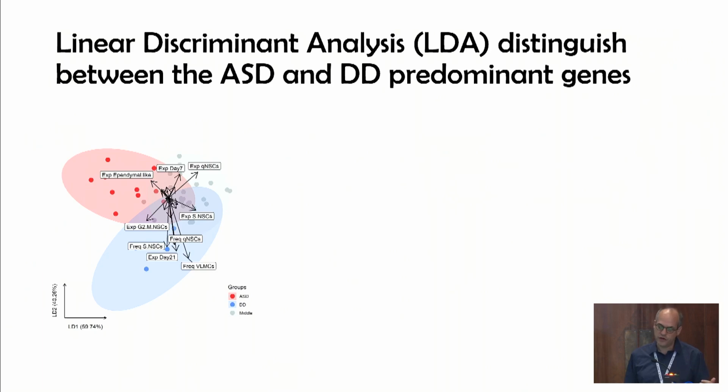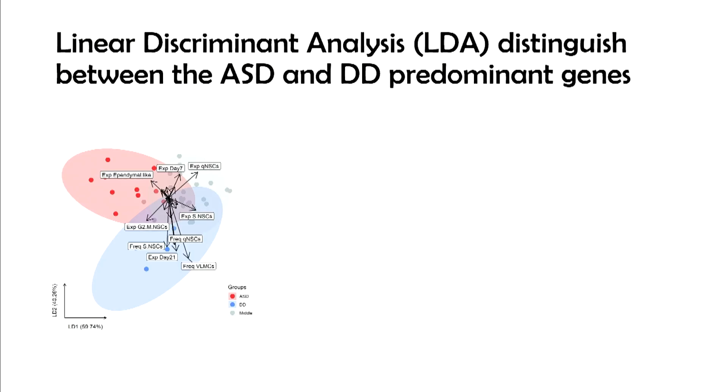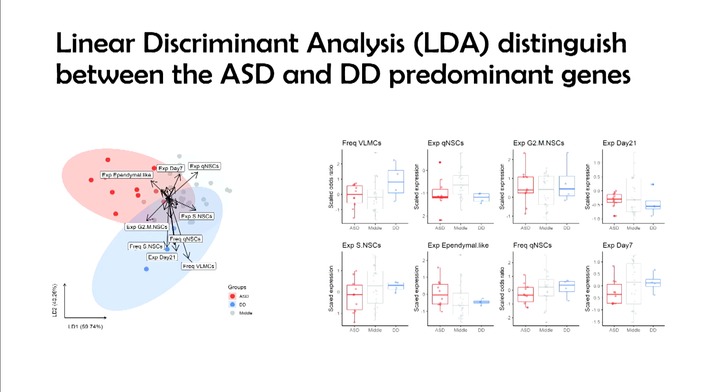We have 3 groups here. Autism predominant genes are in red, developmental disorder genes are in blue, and gray are genes that are in between. And we have the features here also that contribute to these separations. This is some of the features, including for example, frequency of VLMCs and frequencies of quiescent neural stem cells contribute to the separation.